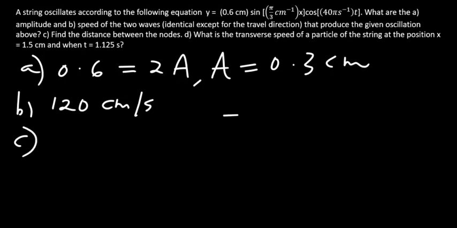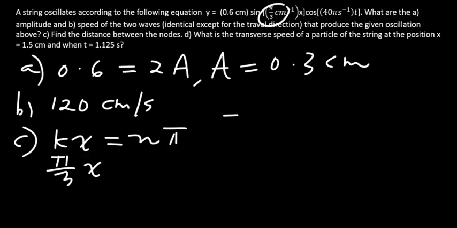Part C, distance between nodes. Remember earlier, for nodes, kx equals an integer times pi. In this case, your k is pi over 3. So pi over 3 times x equals n pi.